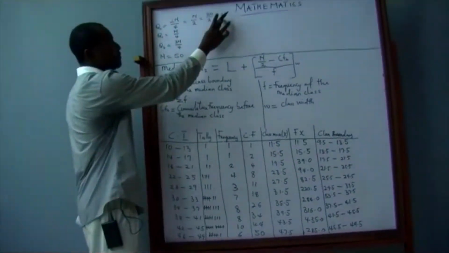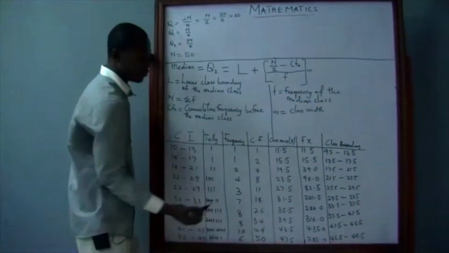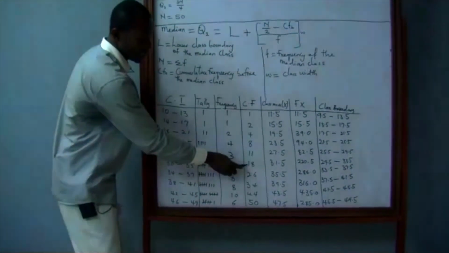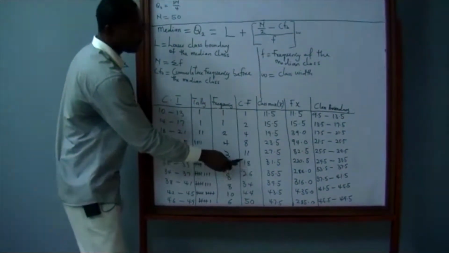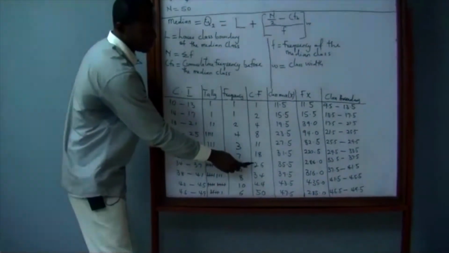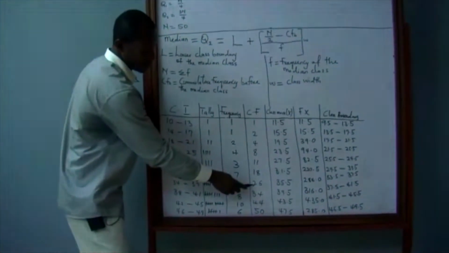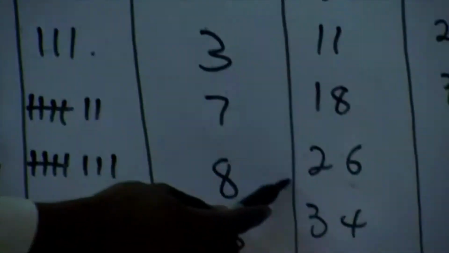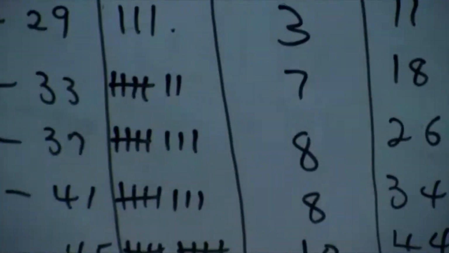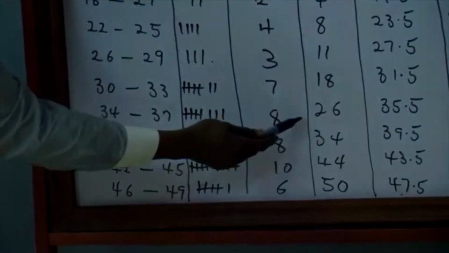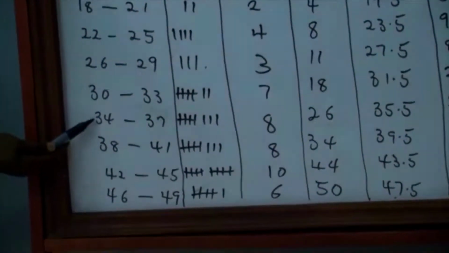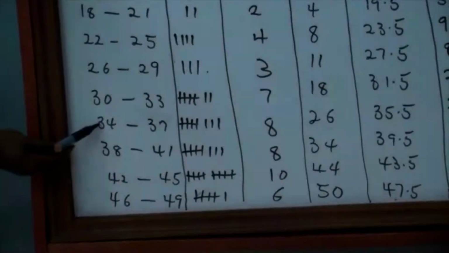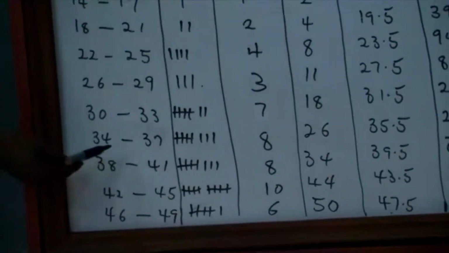So I have gotten 25 here. I need to trace where 25 falls. Either I start counting and see where I'm going to end up. This is 18. Then the 25th number is actually here. It's going to fall inside this place, so 26. I'm going to trace it back to the class. Therefore, the median class is 34 to 37.